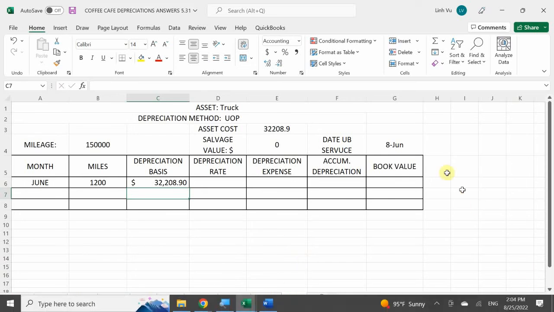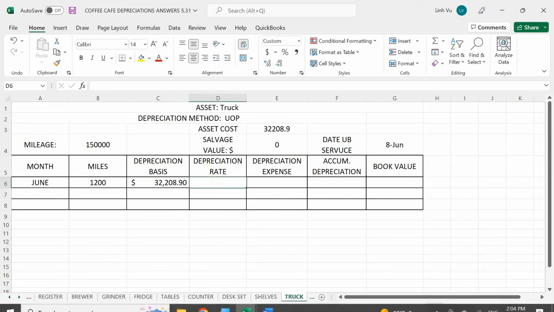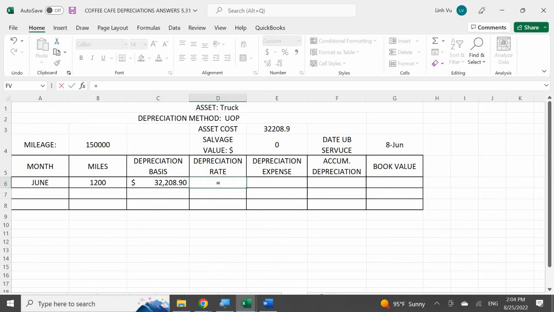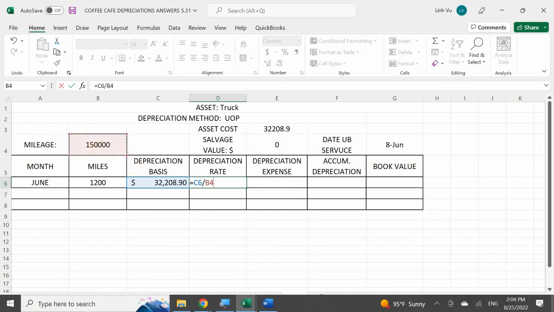Now in this case, what's my depreciation rate? It's the depreciation basis divided by the estimated units produced. Which number is that? 150,000 miles. Because we need to figure out how much it's going to cost me per mile.